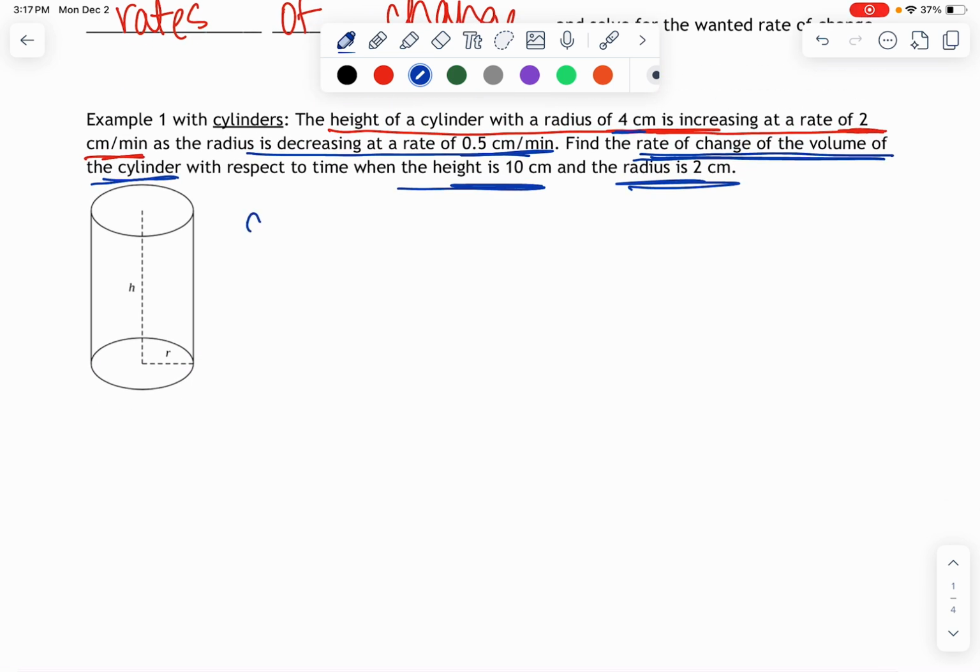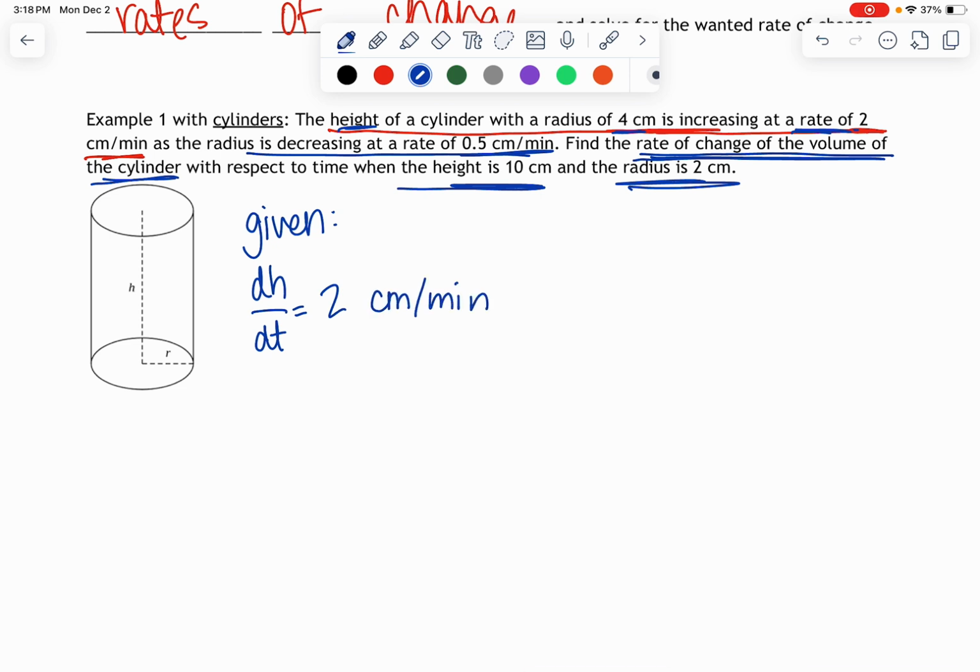So I would say we are given the rate of change of the height. I'm going to call that dH/dt. dH means the derivative of the height because it's a rate. Derivative is rate of change of the height, and it is with respect to time because as time goes on, it is changing, and it is 2 centimeters per minute.